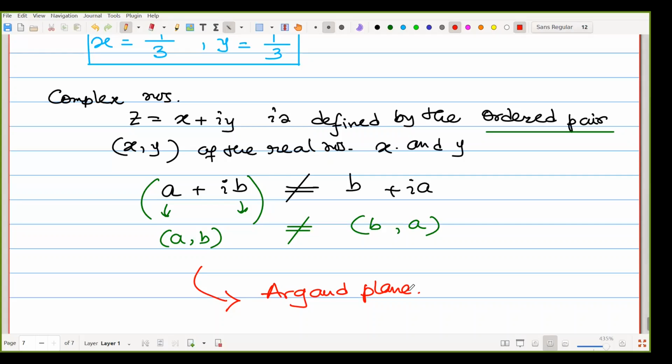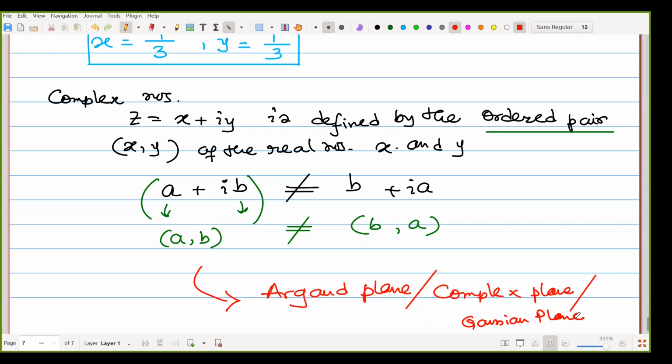That is called the Argand plane, or the complex plane. Sometimes it is also called the Gaussian plane or the Gauss plane. So Argand plane or the complex plane or the Gauss plane or the Gaussian plane.